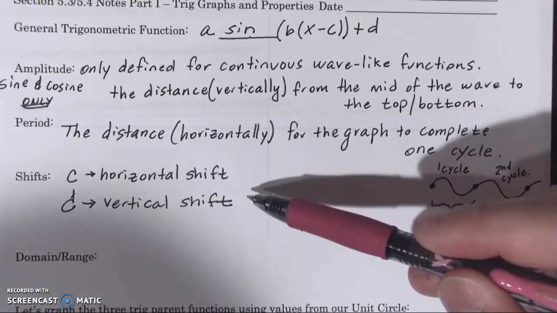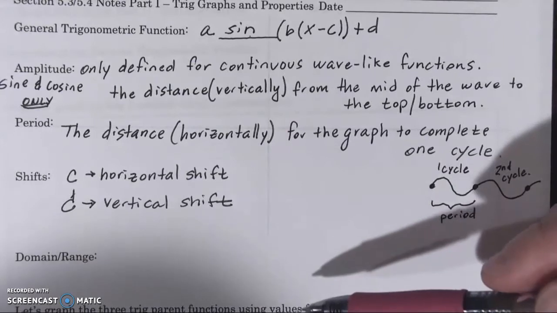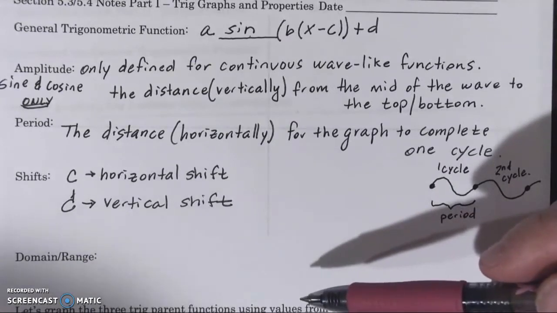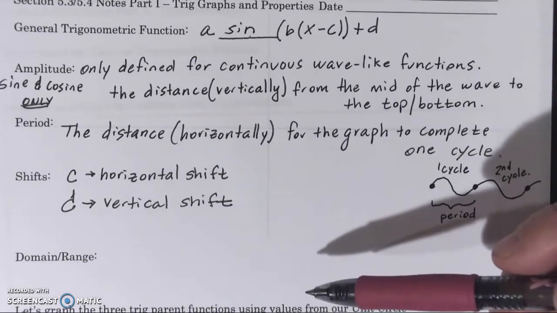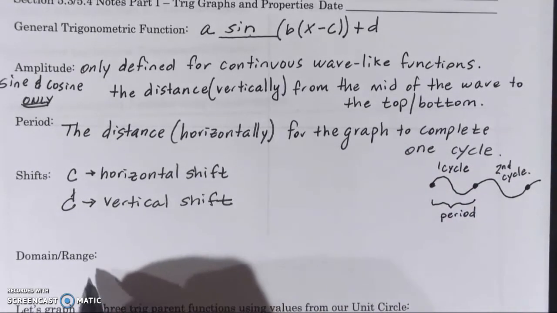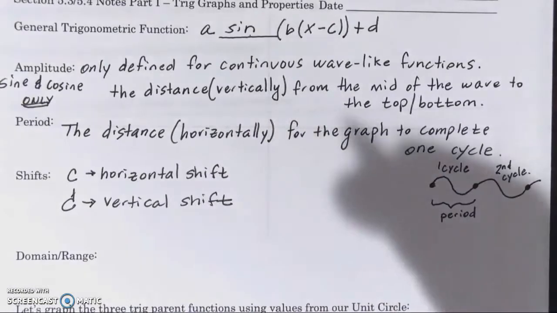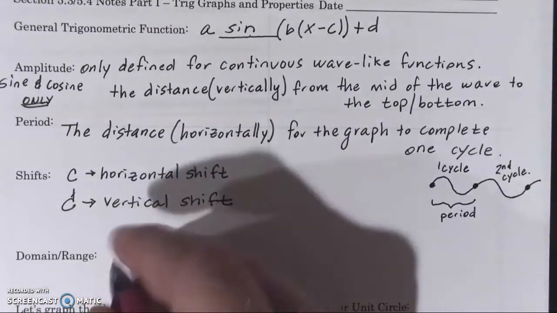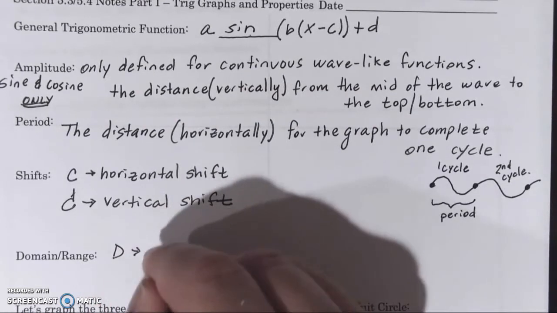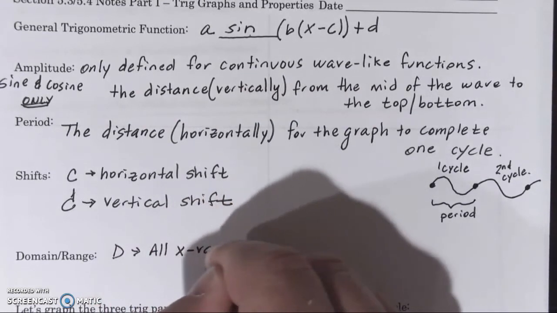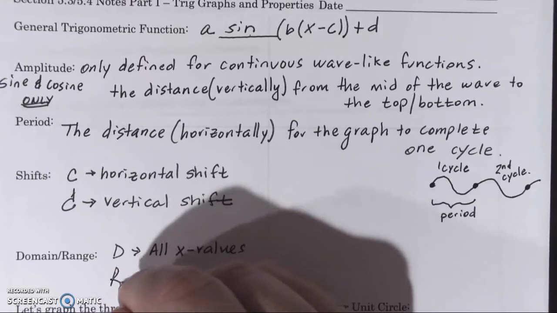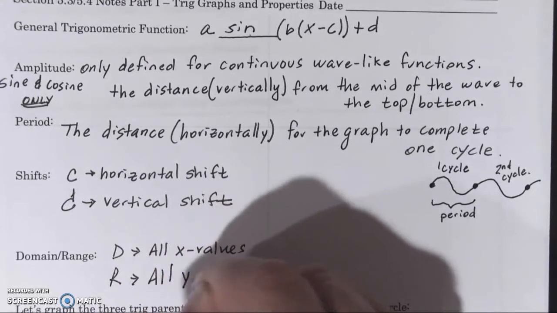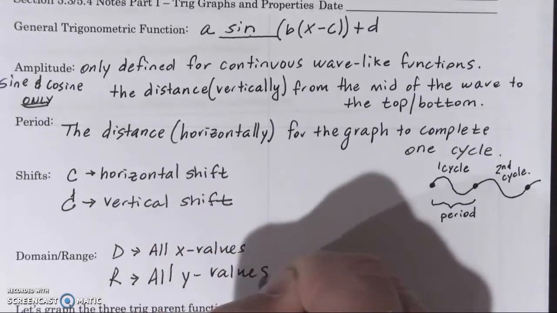Okay? For today, we're only going to be graphing the parent functions. That's something you should be familiar with from our first chapter and from Algebra 2 Trig. Domain and range, simple things. A trig graph has a domain and a range just like any other function. The domain is all x values, and the range is all of the y values. Okay.